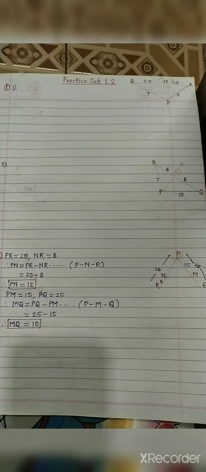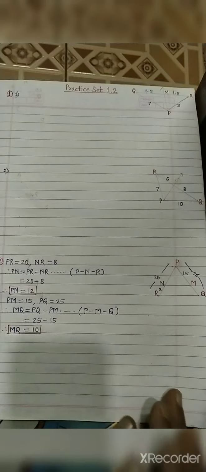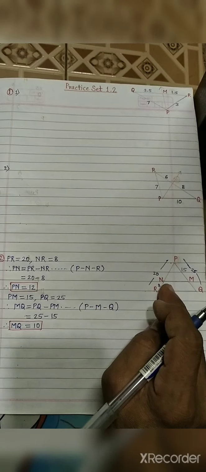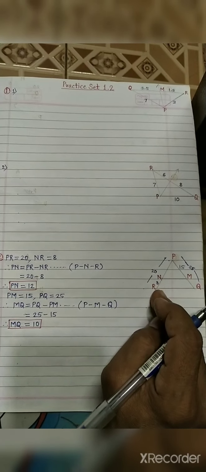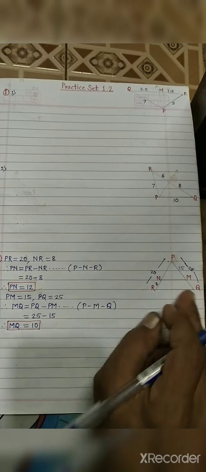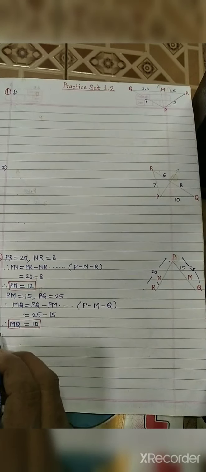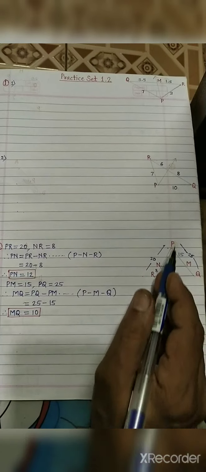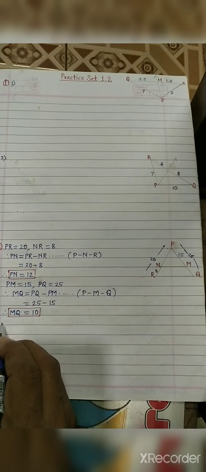Now we have to identify the ratio of PN to NR and PM to MQ. So first PN upon NR.